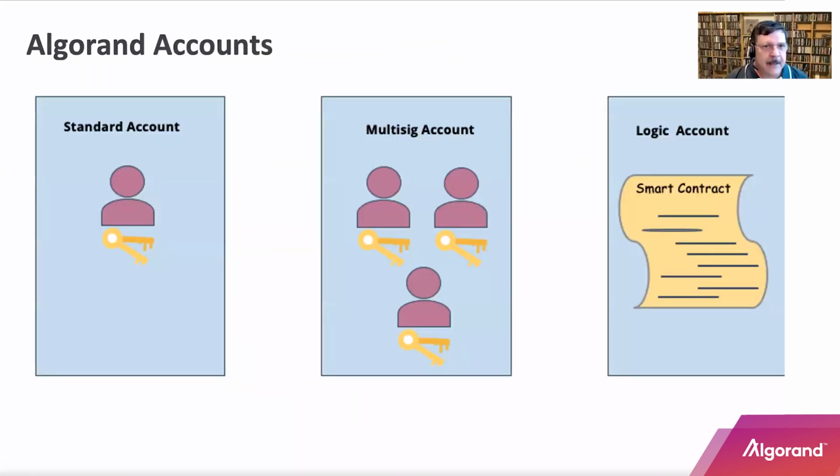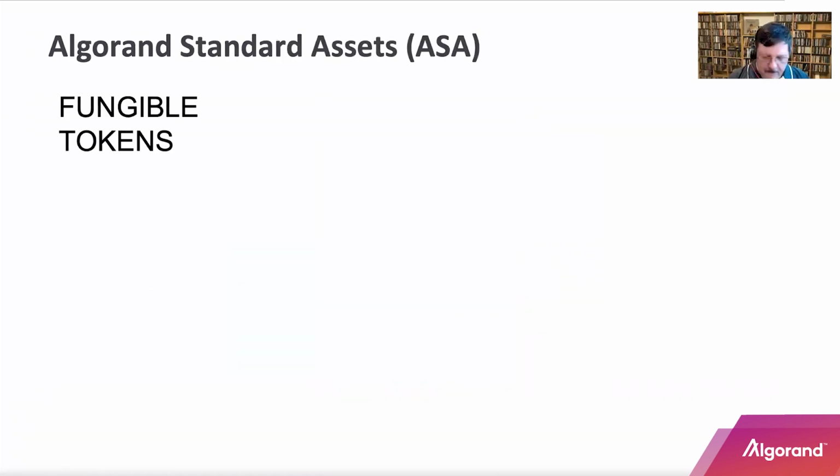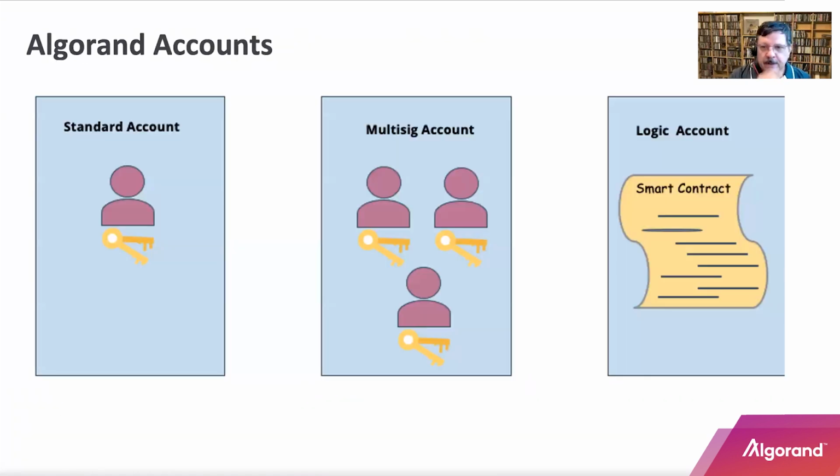So with standard accounts, basically this could represent an individual or a company, and also you have multi-sig, which will facilitate a group of folks that want to sign off on a particular transaction. And all you do is set a threshold. So say you have 10 in your group, you could say, oh, the threshold, I don't know, if 3 of us vote on this, then that's enough to satisfy.